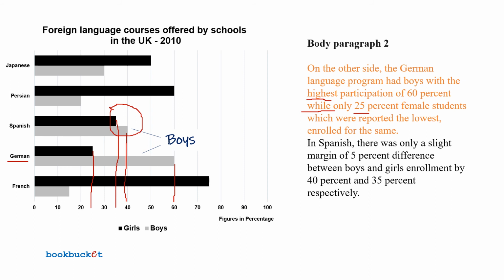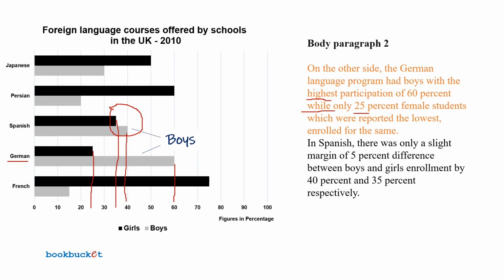Now you can see that this is a relative clause, which were reported the lowest, regarding female students. Their lowest reporting, the percentage, was 25%. So I have added an additional, incomplete detail here using a relative pronoun, which were reported the lowest.